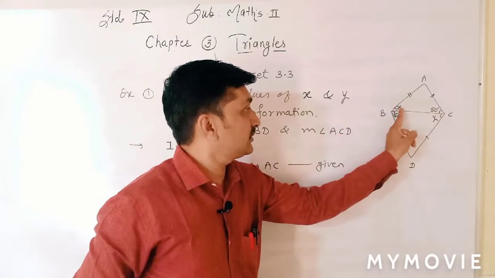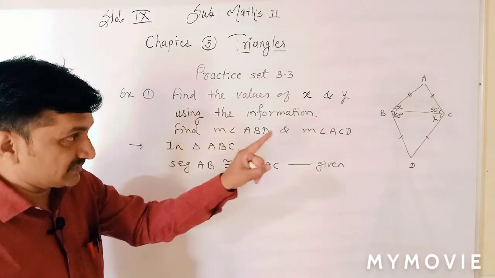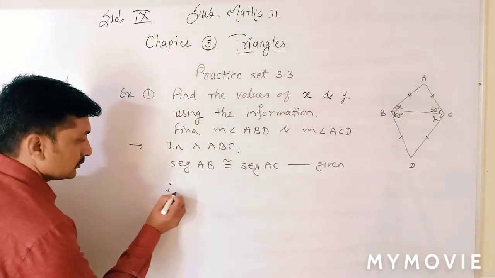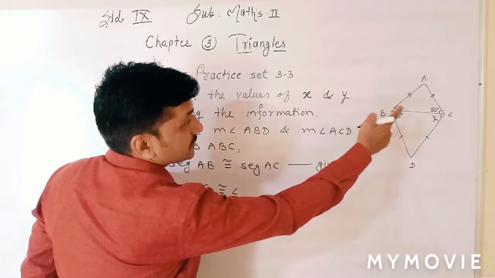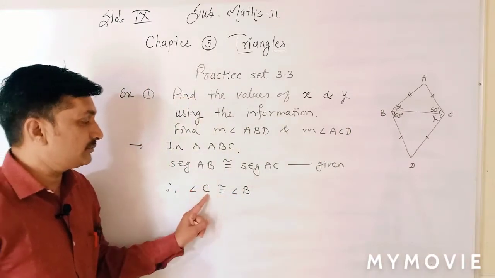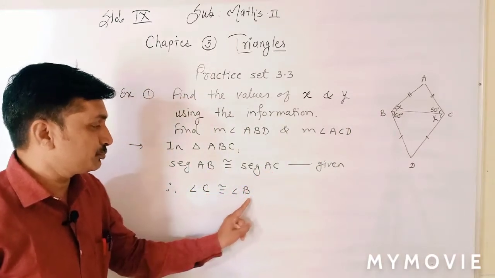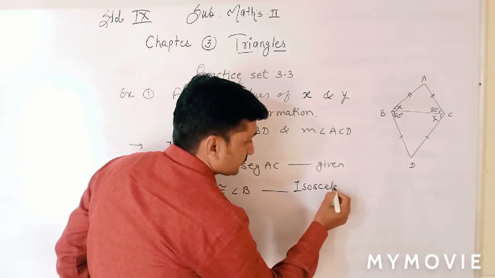Opposite to AB is angle C, which is 50, and opposite to AC is angle B, which is x. Therefore angle C is congruent to angle B, by the isosceles triangle theorem.